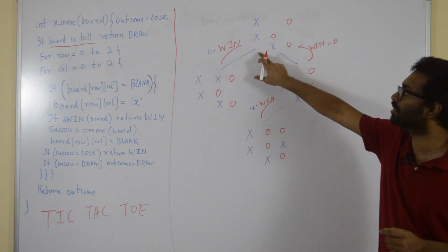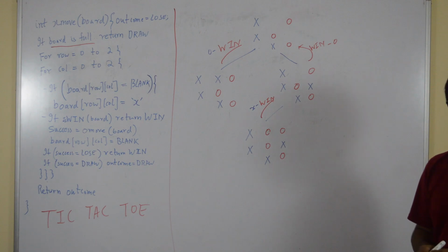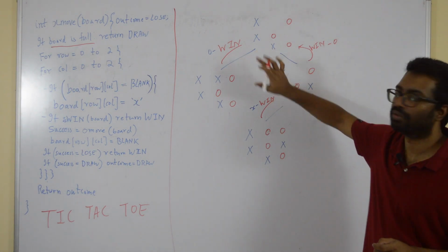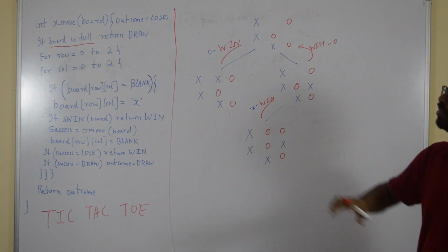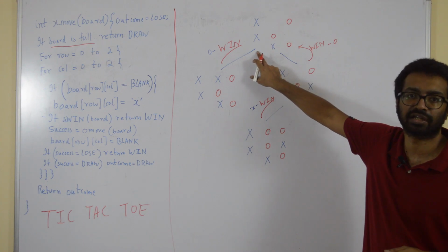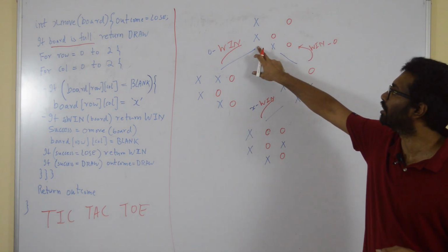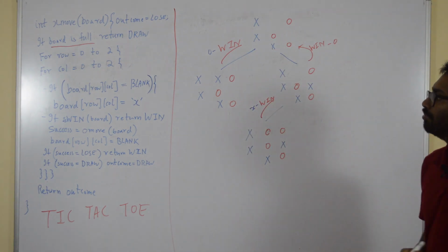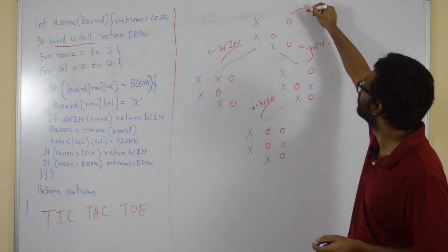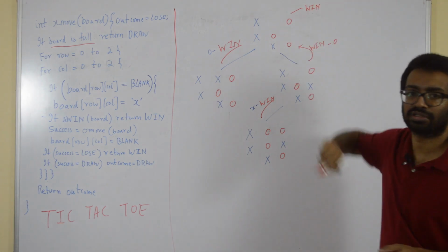Both are a win for O, so it has to play there, right? And now what can it do? It's going to see both these locations, then it's going to come to the third location. It plays X there and sees that it's a win, and it's going to return win. Is it clear? Okay.